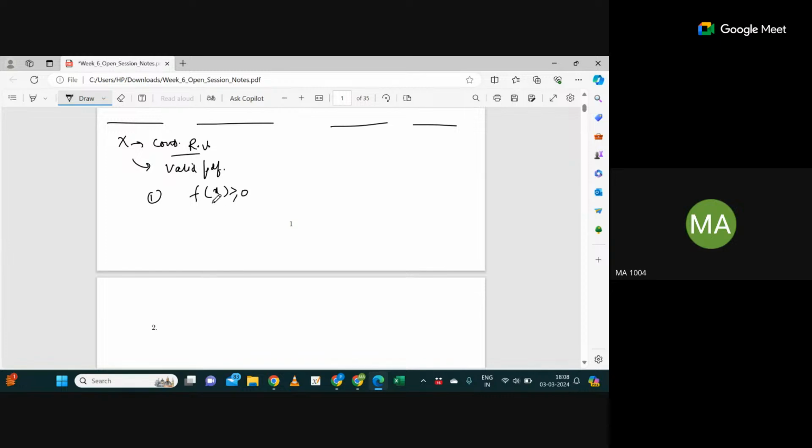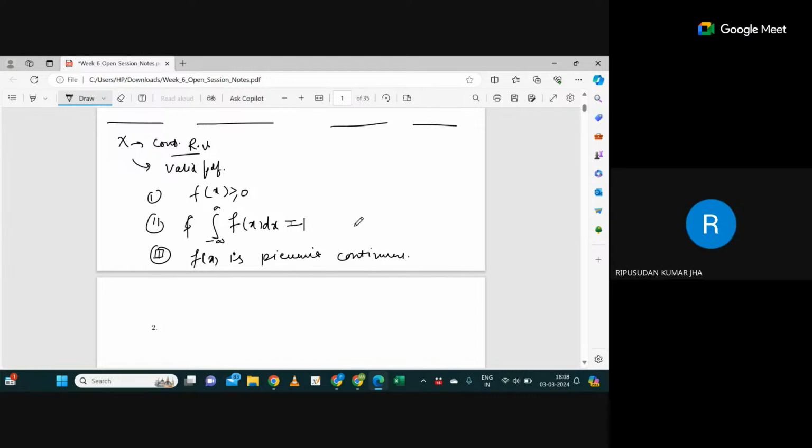Second, the integral of f(x) dx throughout the range should be equal to 1. And the third property is that f(x) is piecewise continuous.